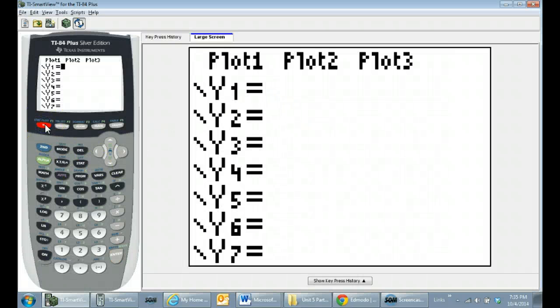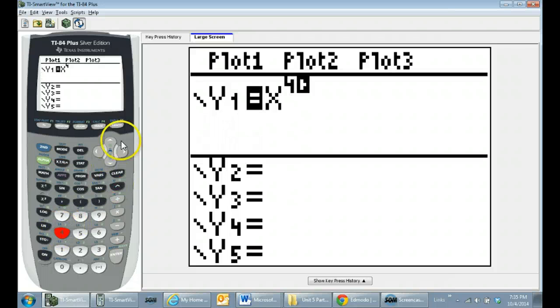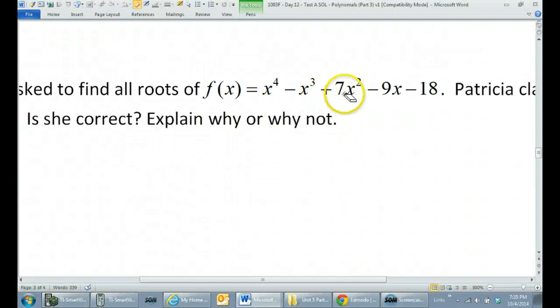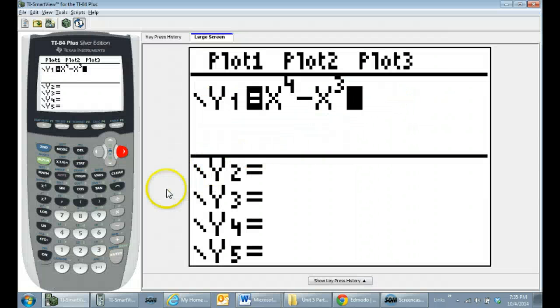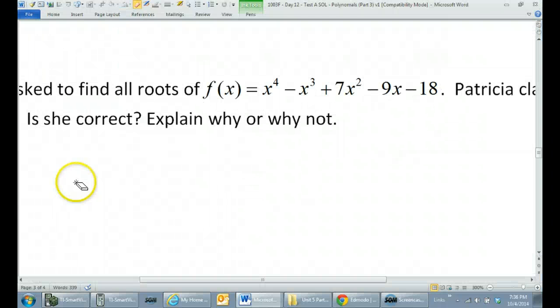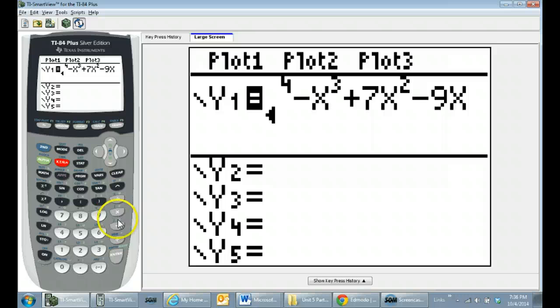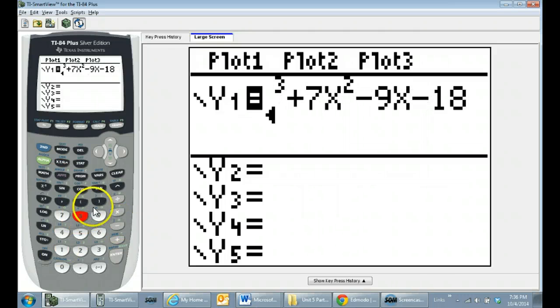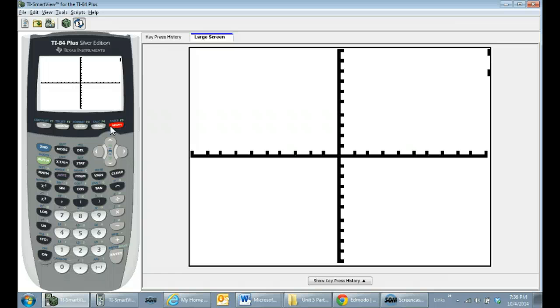Let's hit y equals and type this in. So let's look at the graph. I'm just going to hit that graph button, see what I've got.